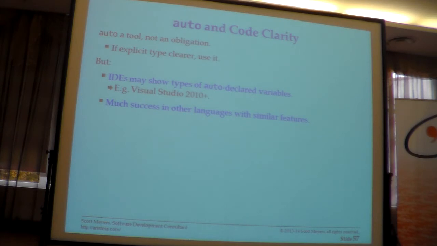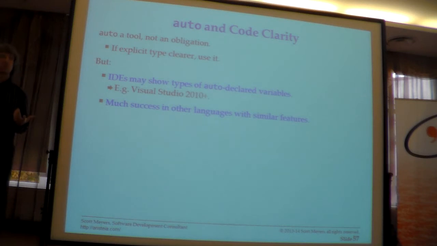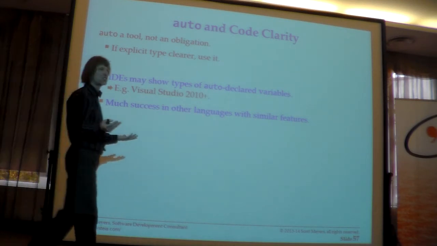The other thing I want to point out is C++ is not blazing new ground here. There have been languages for decades that have used static analysis and type deduction in order to figure out what types are, and people have written large-scale production quality shipping products with them. So C++ is not trying a brand new experiment as far as programming languages are concerned.